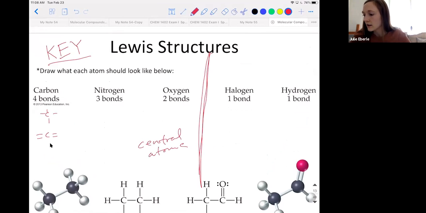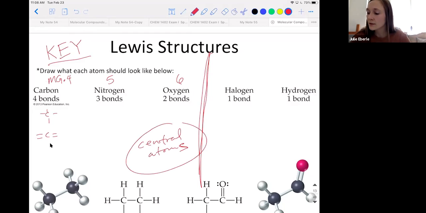Anything to the right, like hydrogen, halogens, they cannot be central atoms. So anything in main groups 4, 5, or 6, carbon, nitrogen, oxygen are just examples of elements in main groups 4, 5, and 6. These can all be central atoms, okay? We can name the geometry for those atoms. We're never going to name the geometry for halogens or hydrogens, okay? So just a little review there.